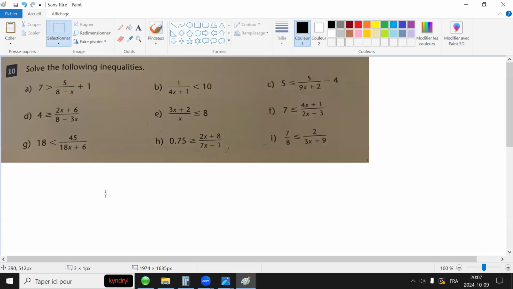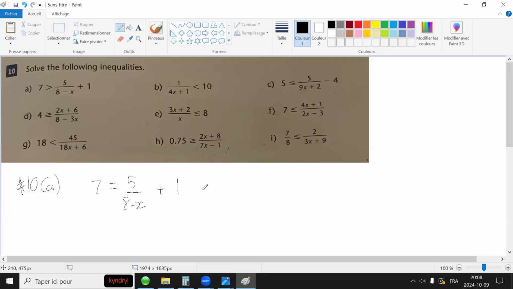Okay, so let's start with the first one, number 10a. I have to solve the following inequality: 7 is greater than 5 over 8 minus x, plus 1. So let's pretend it would be an equality: 7 equals 5 over 8 minus x, plus 1.